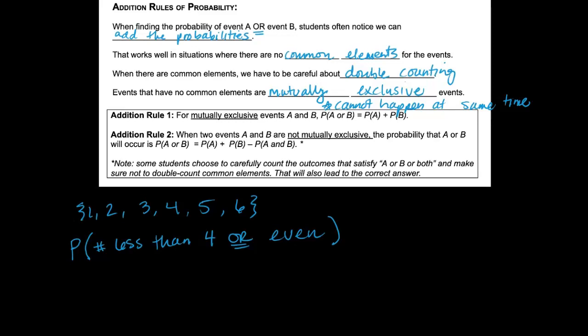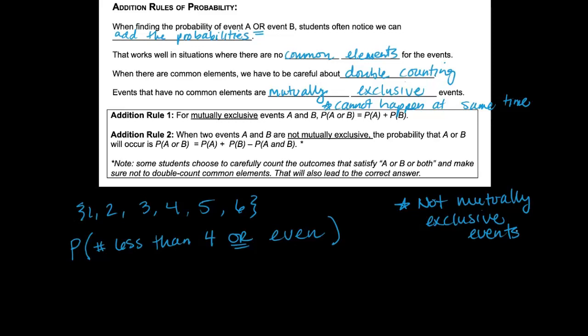And there is. So the number 2 is less than 4 and even. And so these are not mutually exclusive events. And this is the type of problem where you do have to be careful about double counting. So let me show you what I mean.